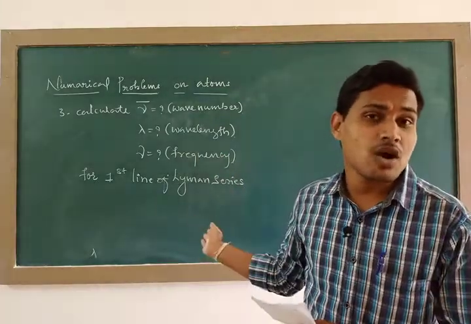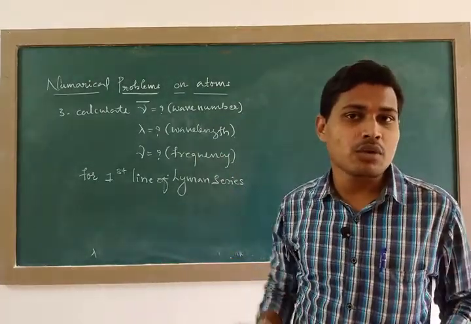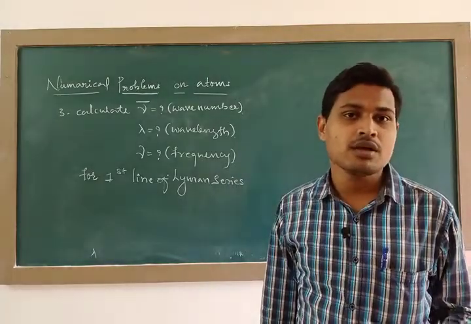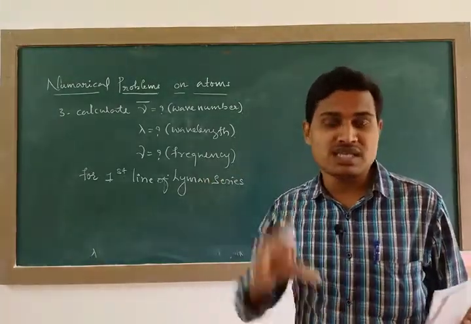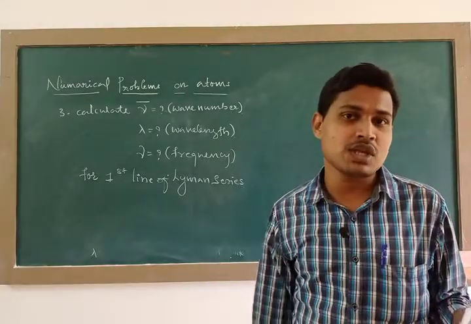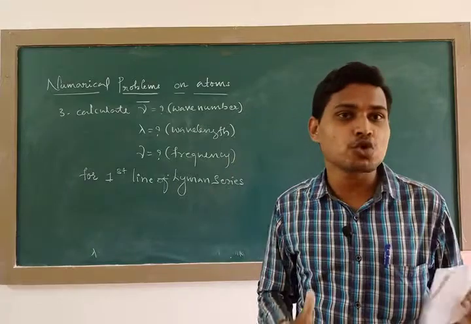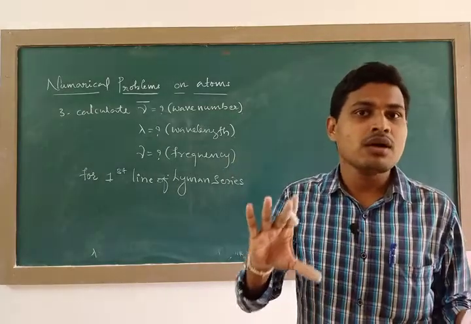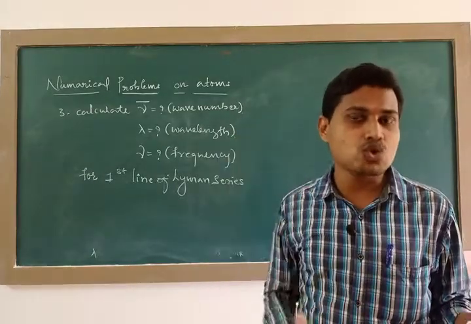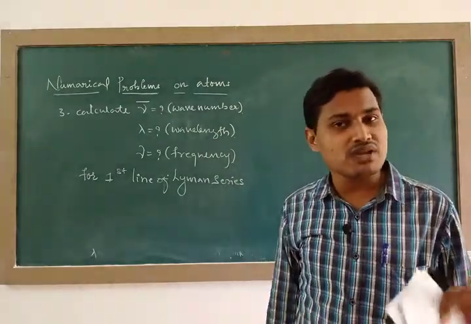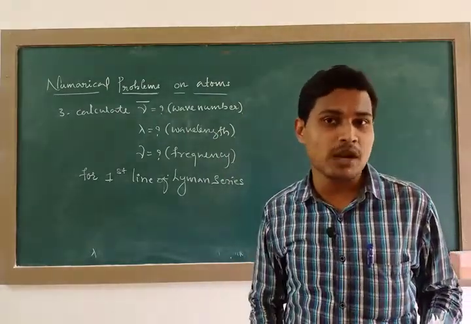But here they particularly mention the first member, which is to be chosen. So 2 to 1 is the initiation of Lyman series. The minimum criterion is 2 to 1, and the maximum will be infinity to 1. So the first line of Lyman series means 2 to 1.